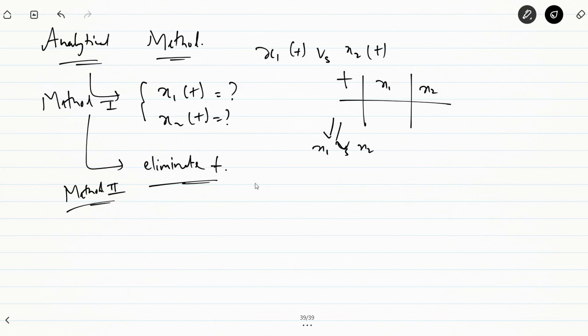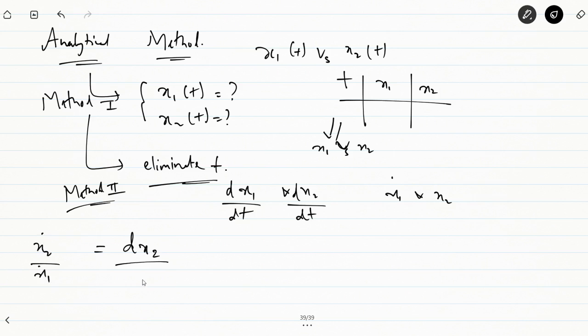That means once we have equations of x1, x2, we have dx1 by dt, we have dx2 by dt. Fine. What we do is we divide dx2 by dt divided by dx1 by dt. That means we have x1 dot and x2 dot. What we do is we divide x2 dot by x1 dot or x1 dot by x2 dot. We eventually obtain dx2 by dx1.